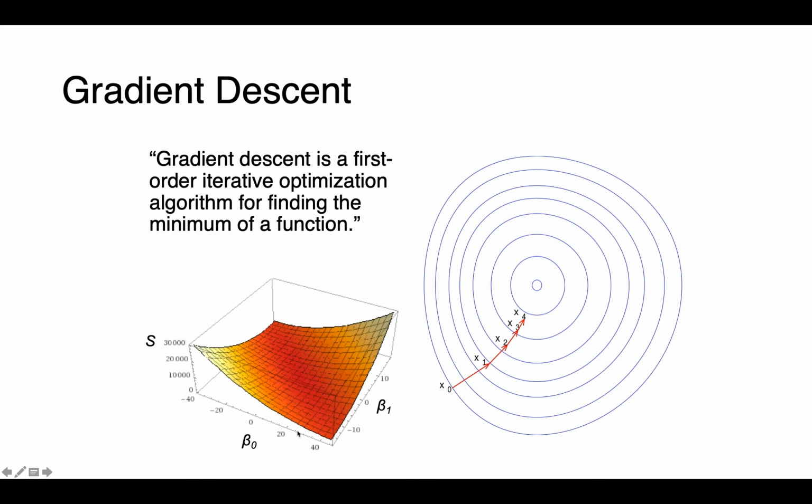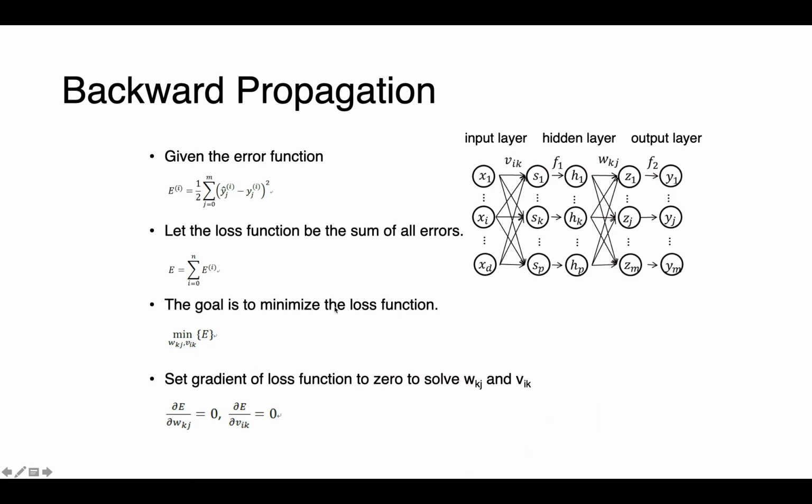You can imagine there's a hyperspace of parameters and you're looking for the lowest point within the space. And the lowest point is when you have gradient equal to 0. So here what we're looking for is the gradient to be 0.